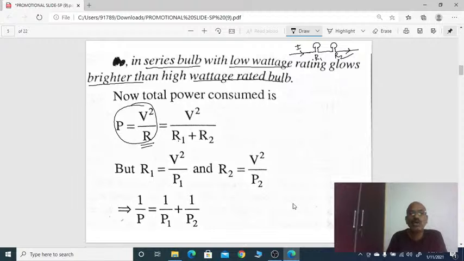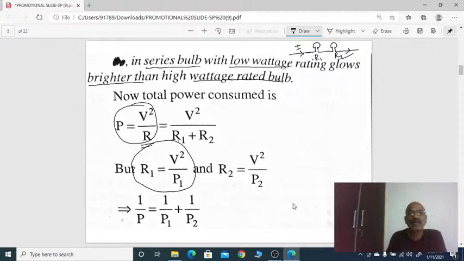Then we know P equals V squared by R, so R equals V squared by P. See the relation: R take it up, P bring it down. R1 equals V squared by P1, R2 equals V squared by P2. Then 1 by P equals 1 by P1 plus 1 by P2.